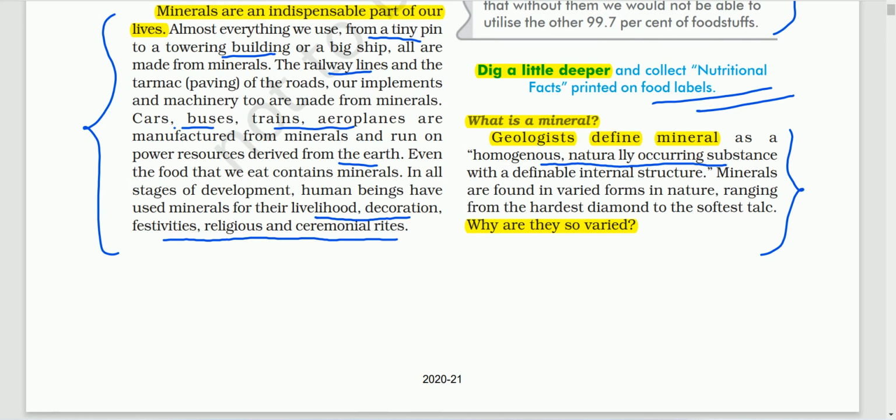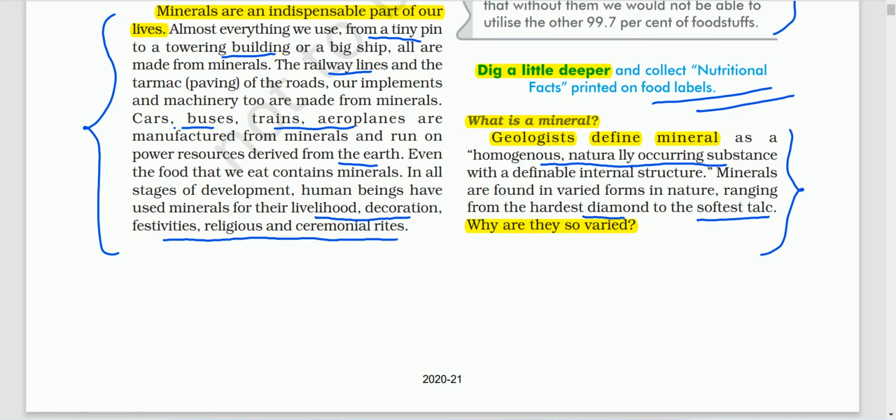Homogeneous means uniform. Each mineral has a definite internal molecular structure, a definite crystal structure. Minerals are found in varied forms in nature, ranging from the hardest diamond to the softest talc.